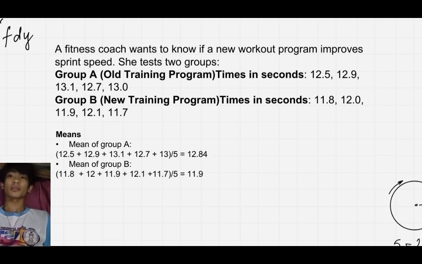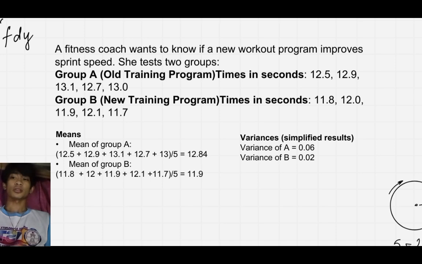Let's find the means of the two groups. The mean of group A is 12.5 plus 12.9 plus 13.1 plus 12.7 plus 13 divided by 5, which is equal to 12.84. For the mean of group B, 11.8 plus 12 plus 11.9 plus 12.1 plus 11.7 divided by 5 is equal to 11.9.